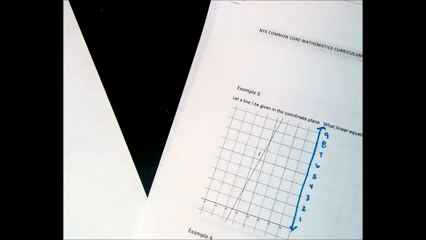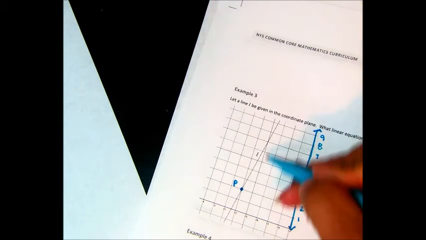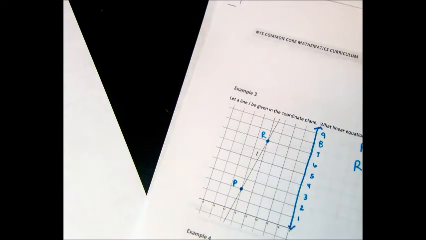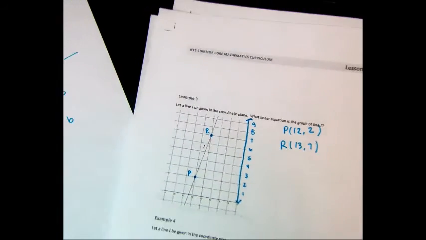Let's identify the 2 points on the line as P, 12 and 2, and R can be 13 and 7. Using these 2 points, calculate the slope of the line.